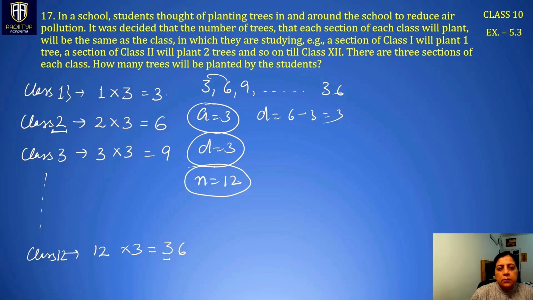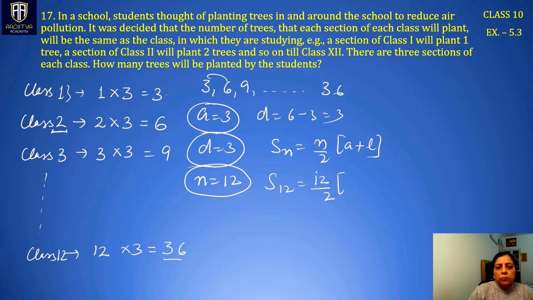So since the last term is known to us, we can use this formula. Sn is n by 2 times A plus L. Number of terms is 12. So n is 12 by 2. First term is 3. Last term is 36.